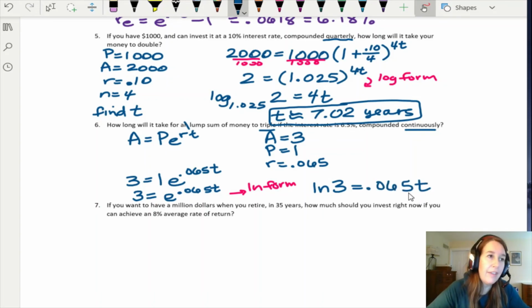Okay, and then to solve for t, just divide both sides by 0.065. So you can type natural log 3 into your calculator and then divide it by 0.065. You'll get t is about 16.9 years. Okay.